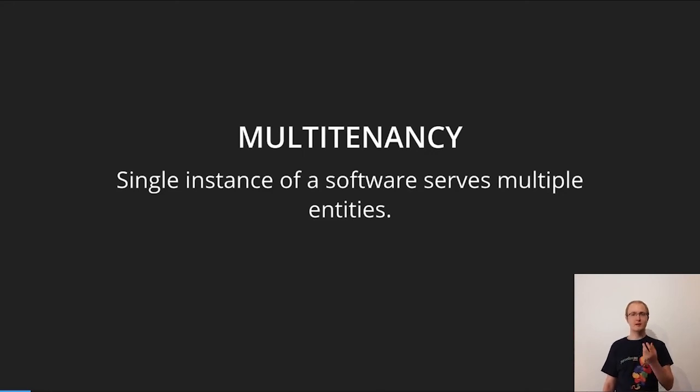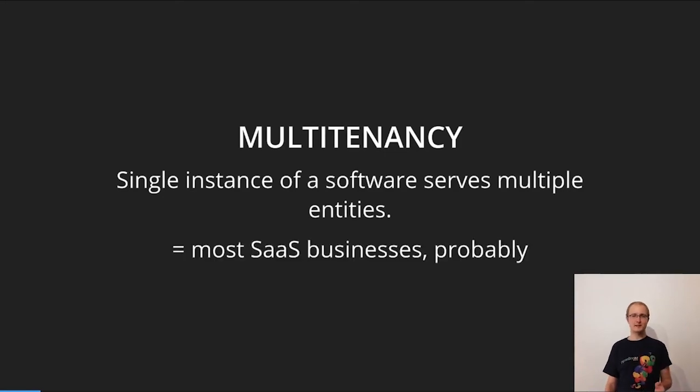An example for a multi-tenant application would be Slack, where you are inside your own workspace together with others from your organization, and you can interact with each other, but you usually, there's a footnote, you usually don't interact with people of other organizations who might also use the same product. Basically, multi-tenancy covers most software as a service businesses out there, at least most of the ones targeted to business users.